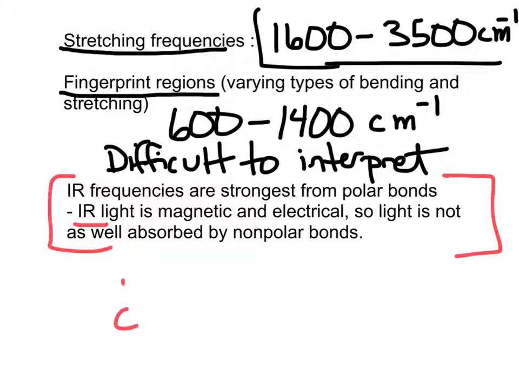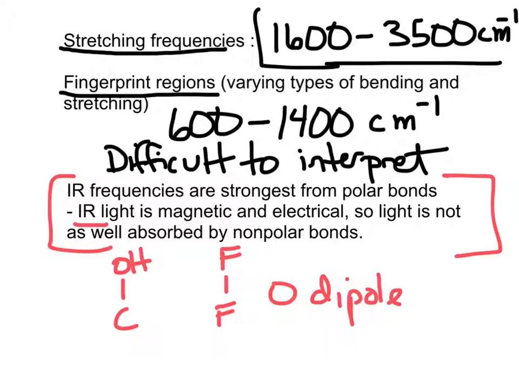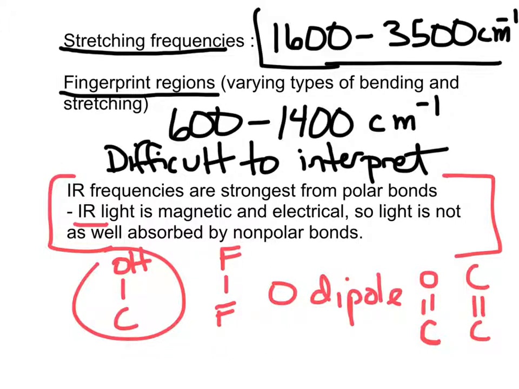So for example, a CO stretch will absorb much better than, let's say, a fluorine-fluorine stretch, because there is overall zero dipole for a fluorine-fluorine bond, but there is significant bond polarity for this carbon-oxygen. To take that one step further, if we compare our carbon-oxygen double bond to our carbon-carbon double bond, you'll actually find that they absorb in the same region, but the carbon-oxygen double bond absorbs significantly stronger.